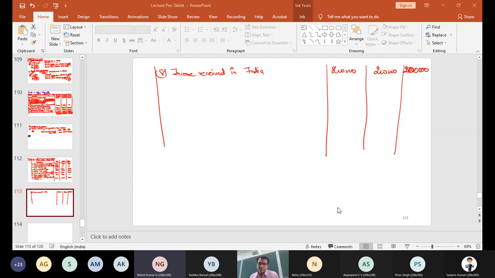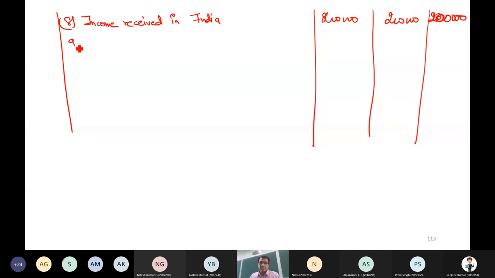Yes, sir, it is income accrued in India. Yes, it is income accrued in India because the bank deposit is in India. It's very simple. So you must know the reason, income accrued in India, and only those can tell who have read the concept in detail.